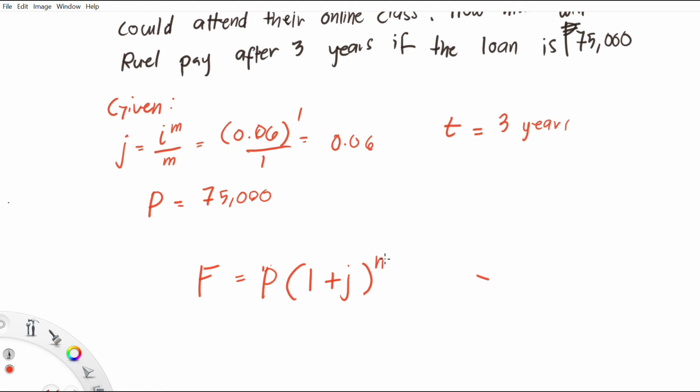We use this formula to find the future value in simple and compound interests.